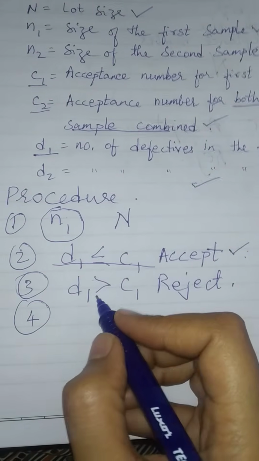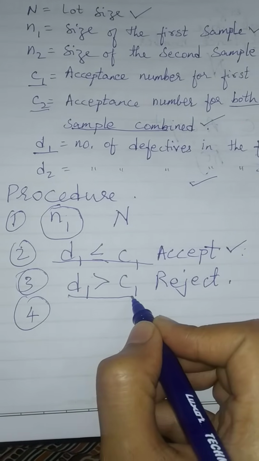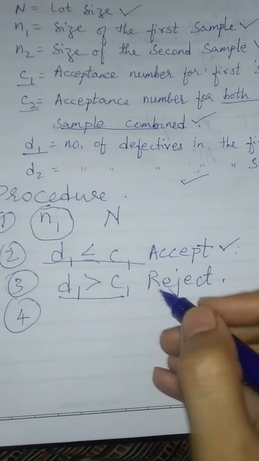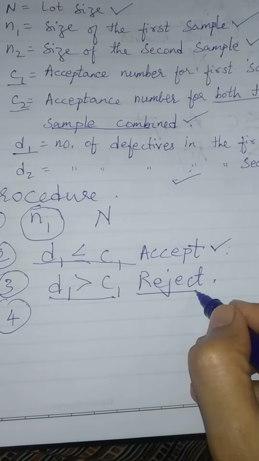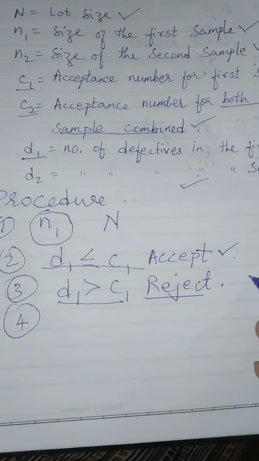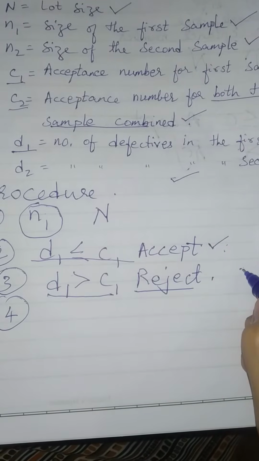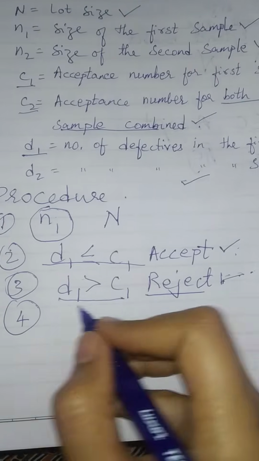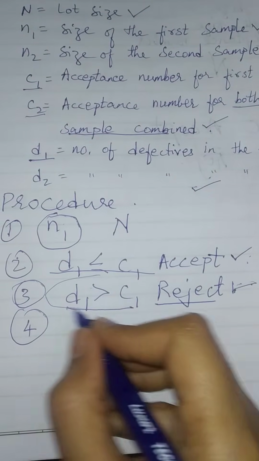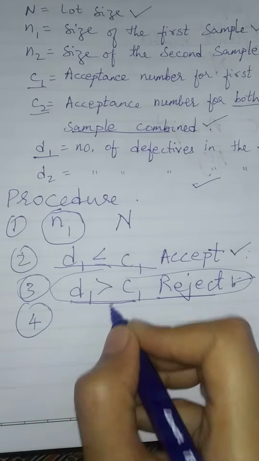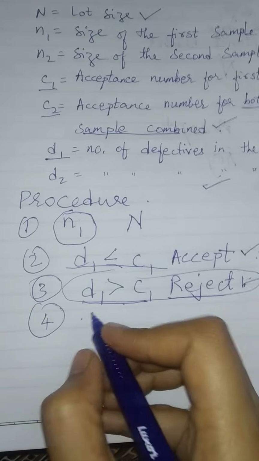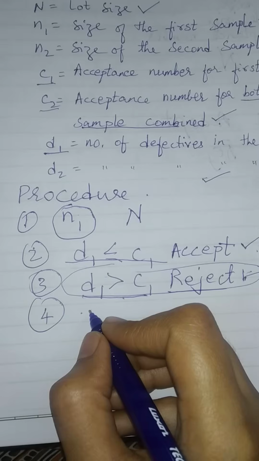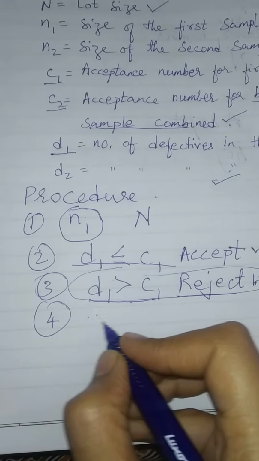And if the lot gets rejected, then that particular lot will again have all its bad items replaced. And after this replacement, students, the second sampling will be done. You will start the second sample.